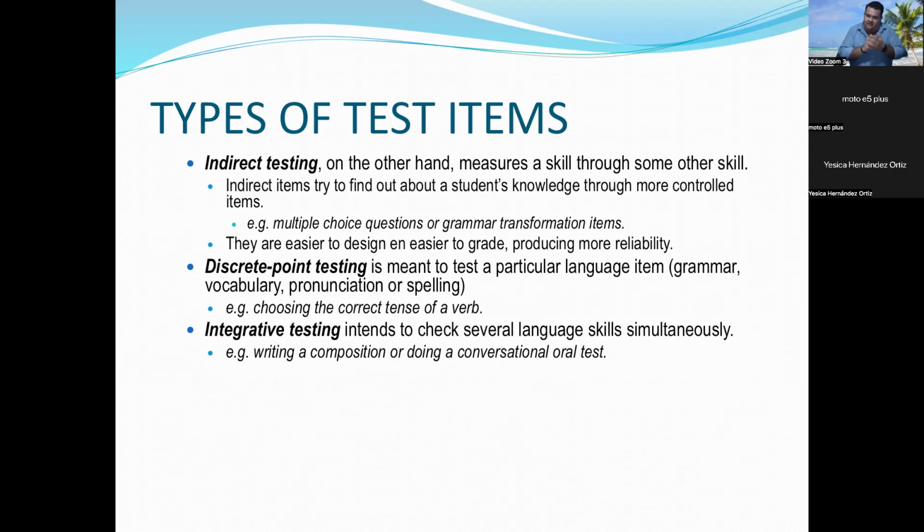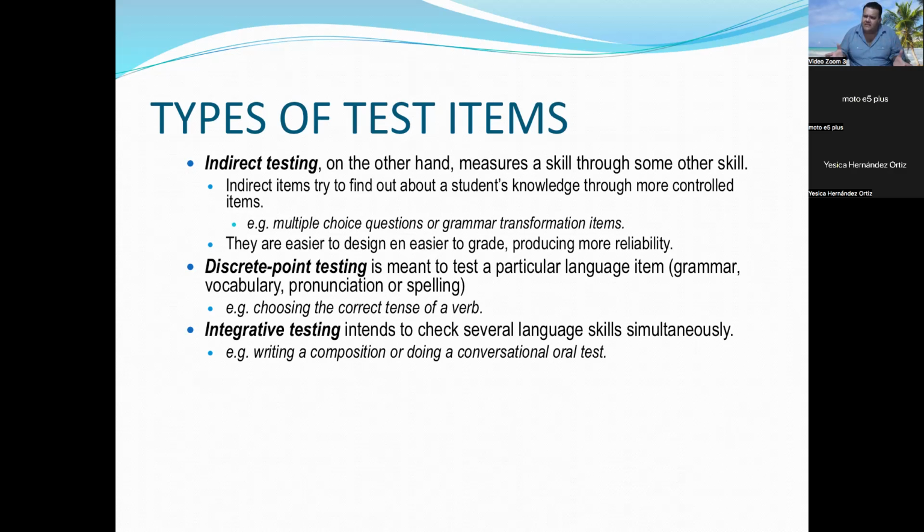And then you have the questions. The instruction: read the following paragraph and circle the verbs in past. So even though it's not writing or reading the skill, you are using a reading to measure grammar skills. It's indirect, it's not direct.